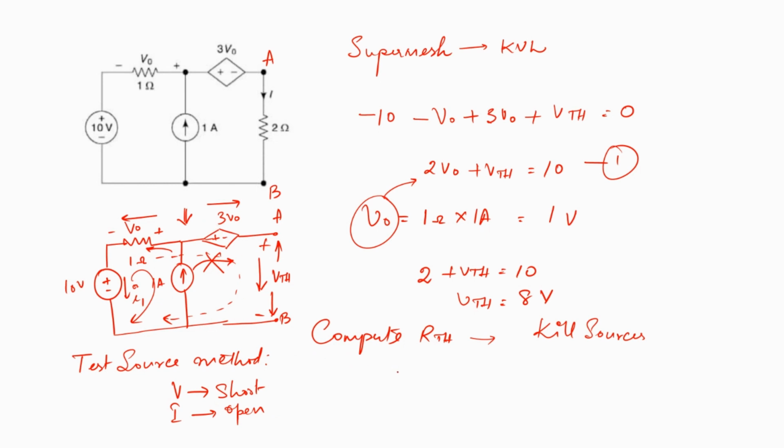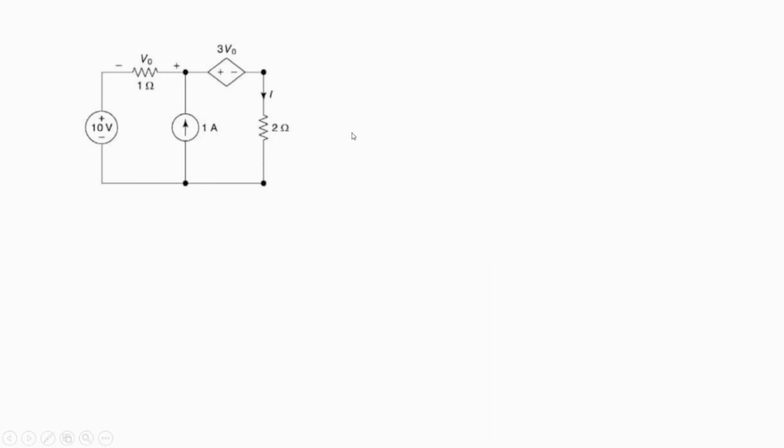So now let's first achieve that. We are now going to short circuit this 10 volts source. Then this is the 1 ohm resistor, and we are going to keep the 1 amp current source open circuited.